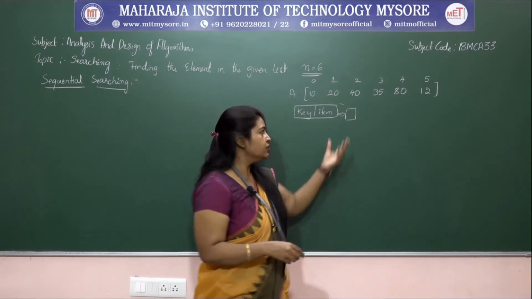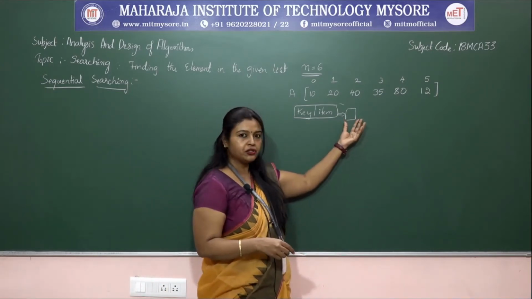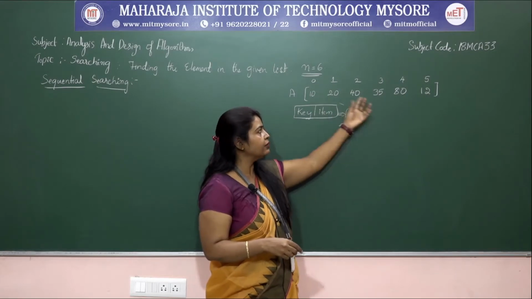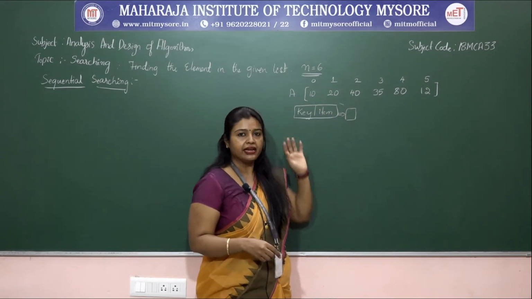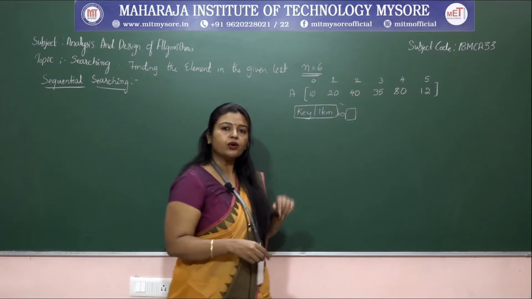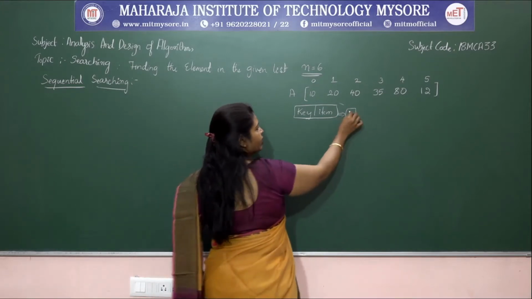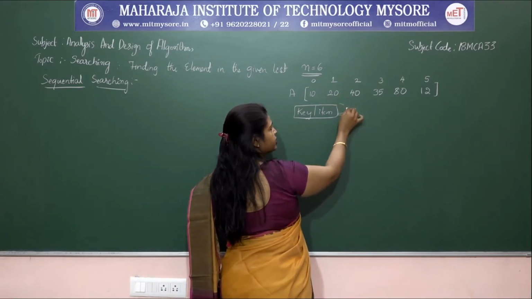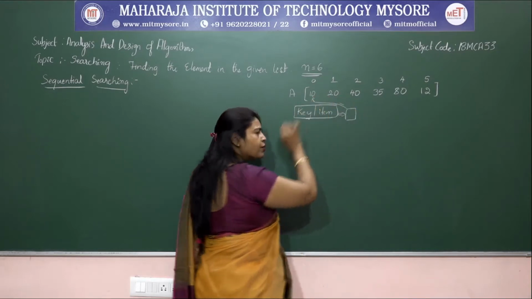In a similar way, we have some key element here. We need to find that key element in the given array of n elements. So what will I do? Definitely I will search for it. Searching in the sense, I am going to do some operation.